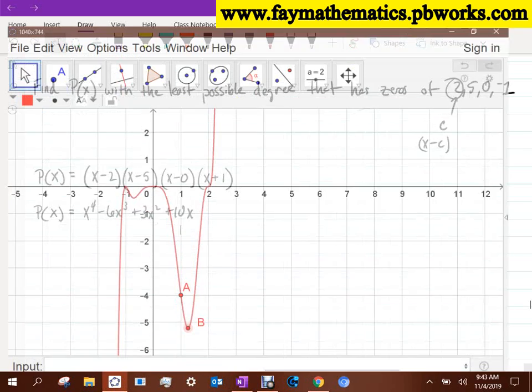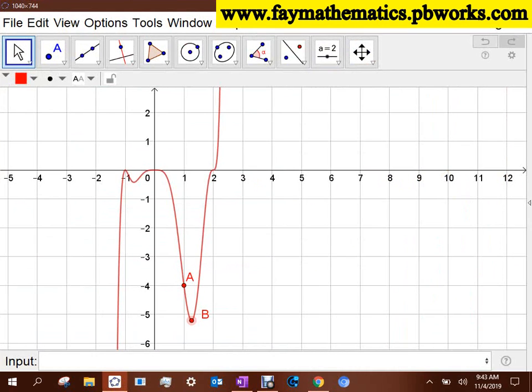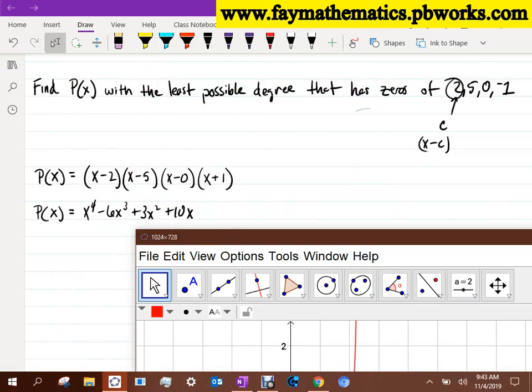I just took x minus 2 times x minus 5, so it's x squared minus 7x plus 10. Multiply that by x, give me x to the 3rd minus 7x squared minus 10x, and then x plus 1.